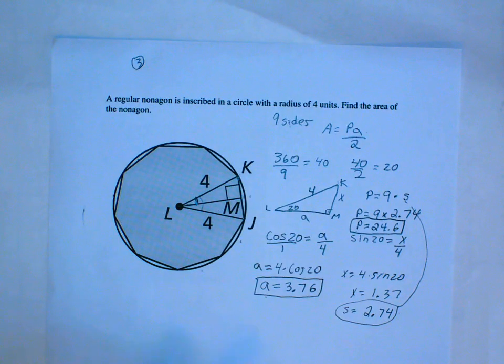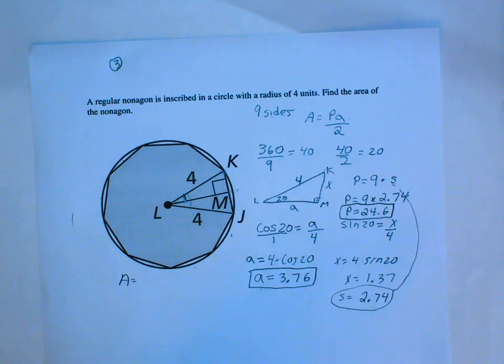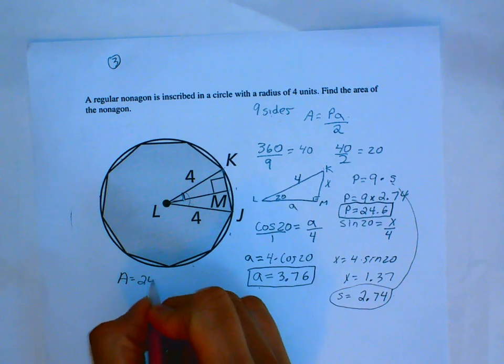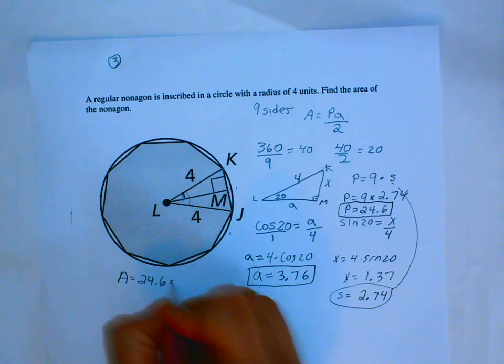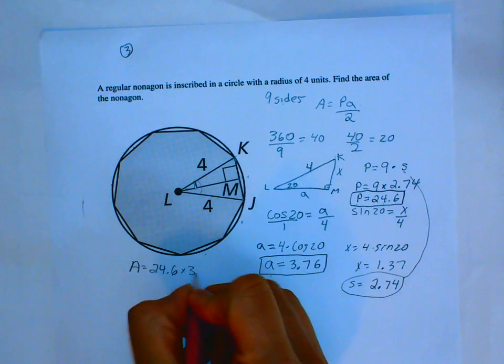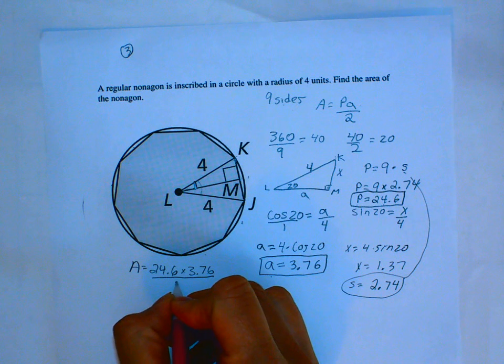So here's what I'm going to do to find the area. Area is equal to the perimeter, 24.6, multiplied by the apothem, which is 3.76, all divided by 2.